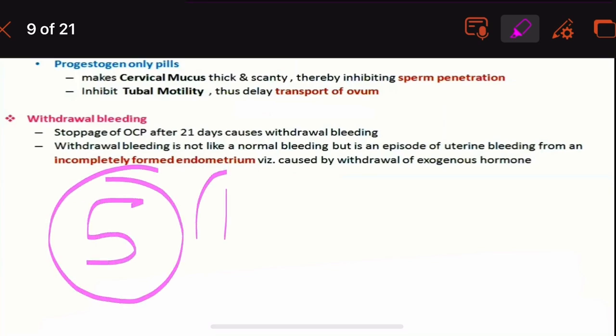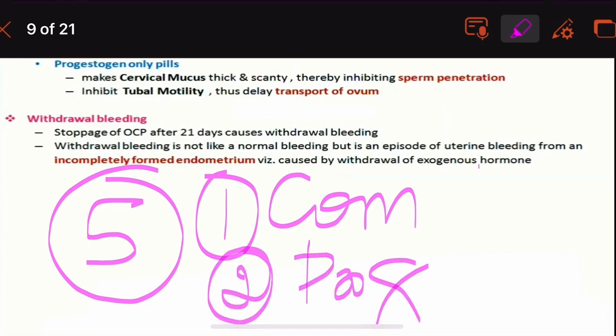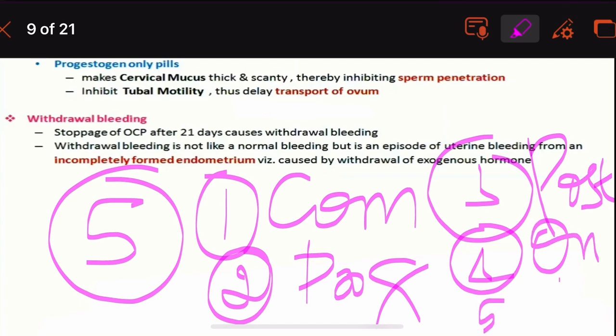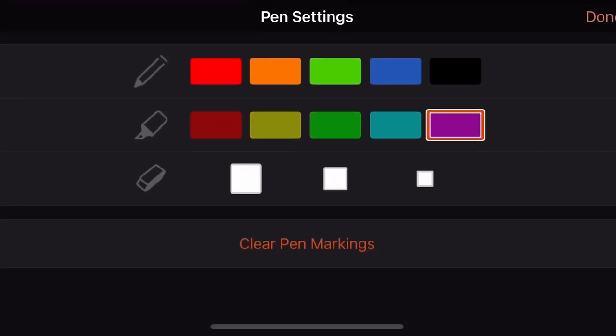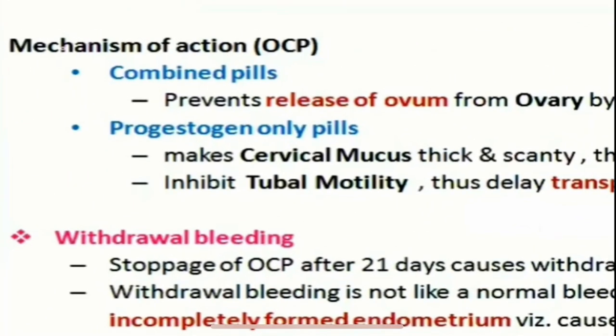The first is combined pills, second is the progestogen-only pill, that is POP. Third, we have the postcoital pill. Fourth, the once-a-month pill, and fifth, the male pill, gossypol. So we studied all 5. Let us see what the action of these OCPs is.